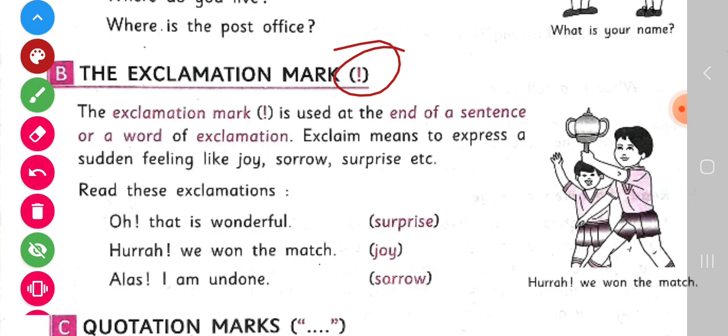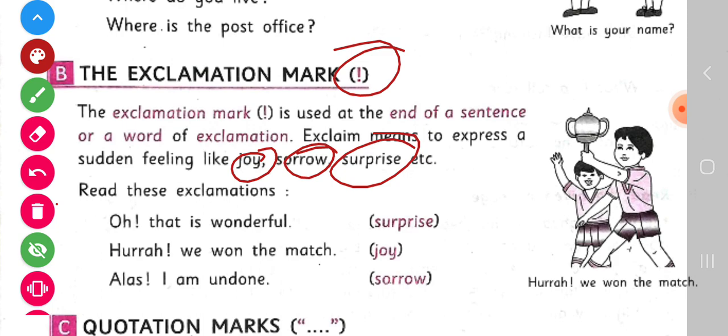Exclaim means, children, what is an exclamation word or sentence? Exclaim means to express, to show a sudden feeling like joy, like sorrow, like surprise.